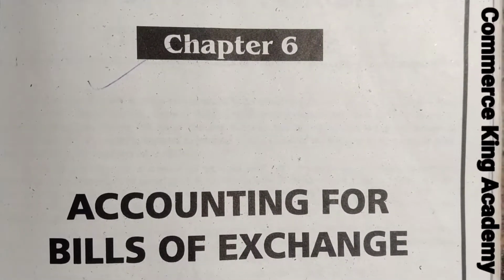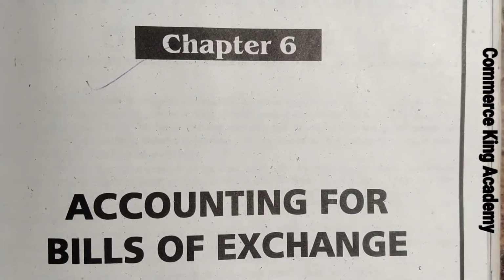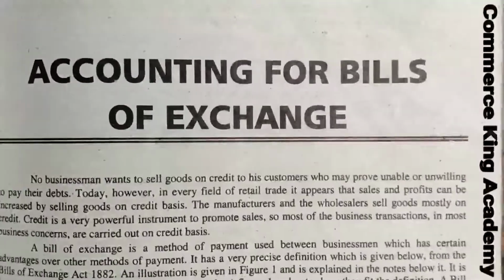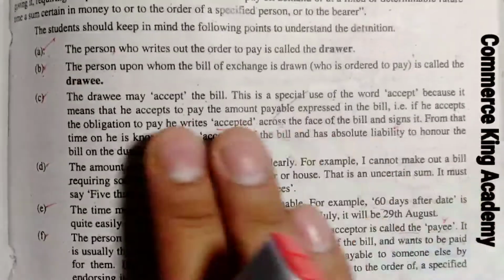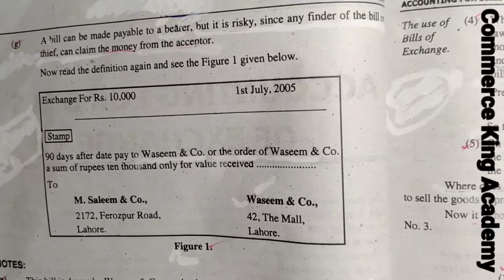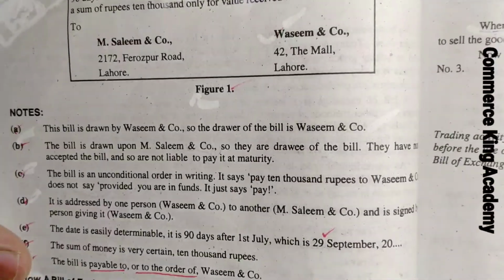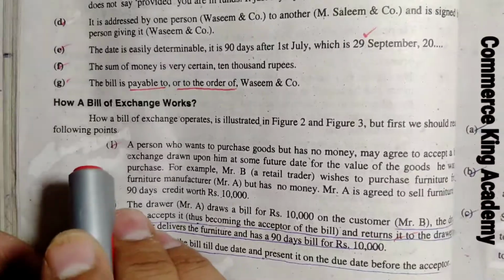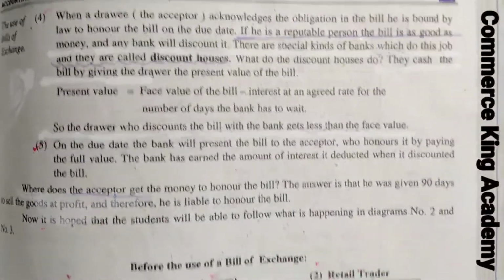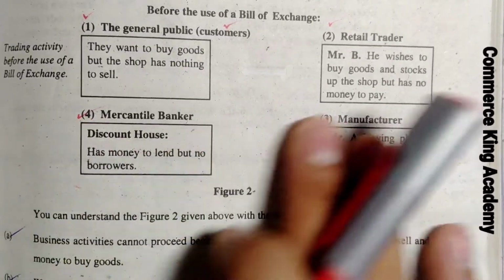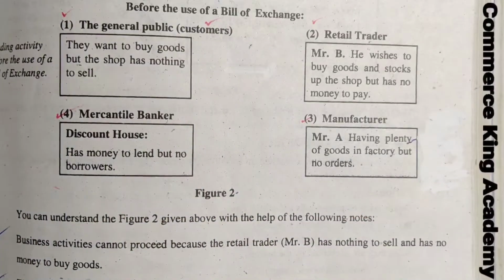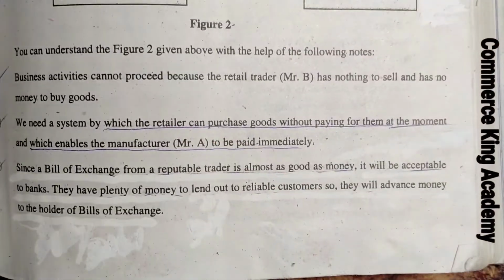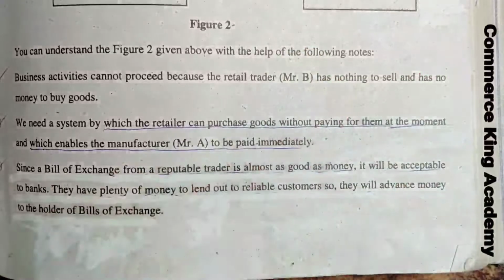In the last video we learned about this chapter's introduction, definition, important points, and the specimen, structure or format of a bill of exchange, and its subordinate points. We also covered how a bill works between the parties, discounting of a bill of exchange, and trading activity before the use of a bill of exchange involving different parties, and how a bill of exchange processes between parties.